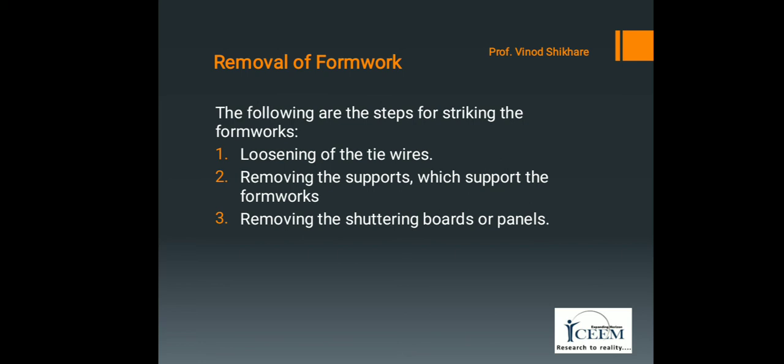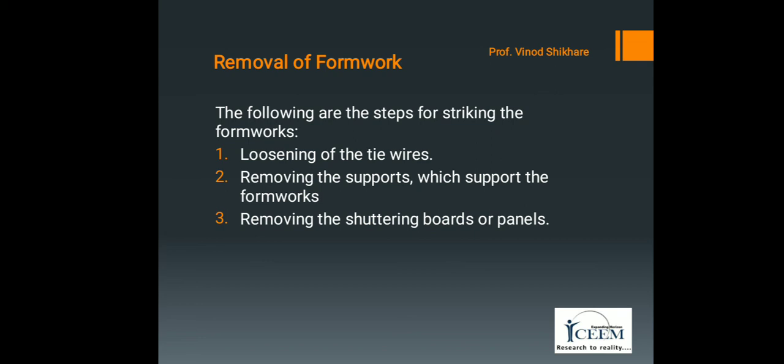The lateral shuttering is usually removed in summer within 2 to 3 days. Posts supporting the formworks of load bearing structures should be removed only after stripping the sides of the forms. Load bearing formworks should be removed only after concrete has gained enough strength.